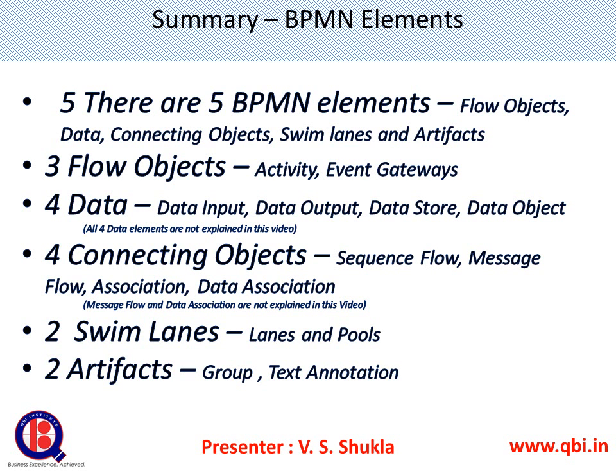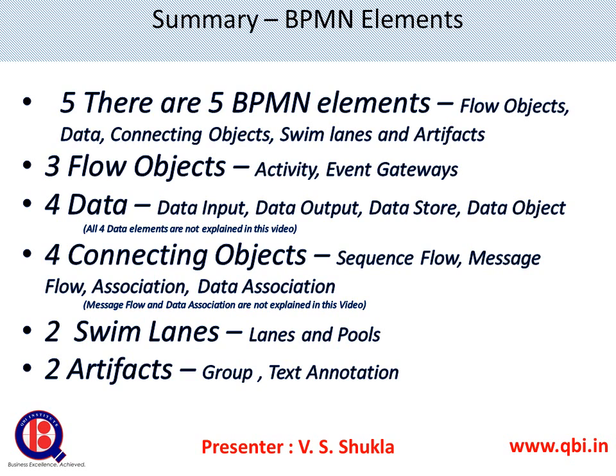Allow me to summarize BPMN elements now. We have learnt about flow objects. There are three flow objects: activities, events, and gateways. We have learnt about data. There are four kinds of data objects: data input, data output, data store, and data object. We have learned about connecting objects.